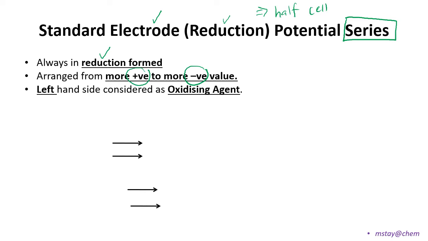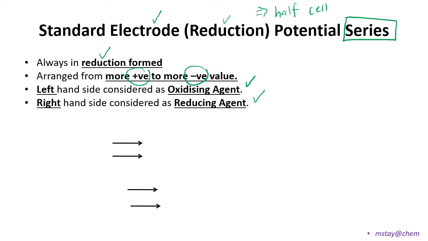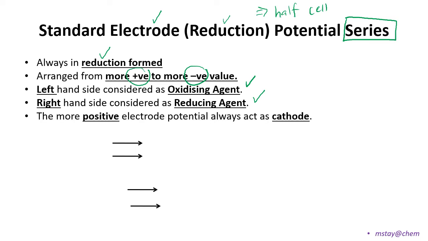Because it's in the form of reduction, the substance at the left hand side of the half equation is always the oxidizing agent, while the right hand side will be the reducing agent. At the same time, when we base on both half equations, two galvanic cells which involve the SHE, one is the anode and another one is the cathode.